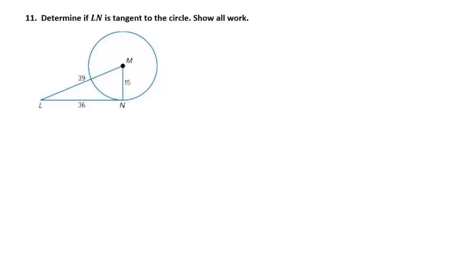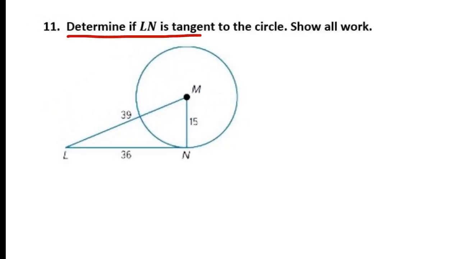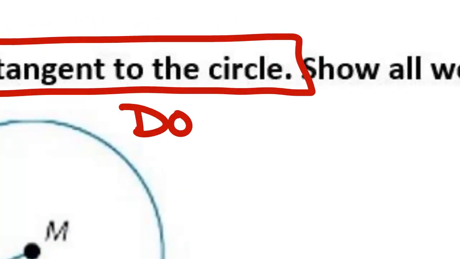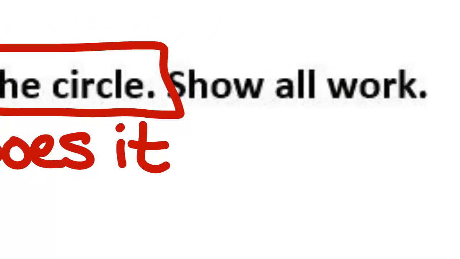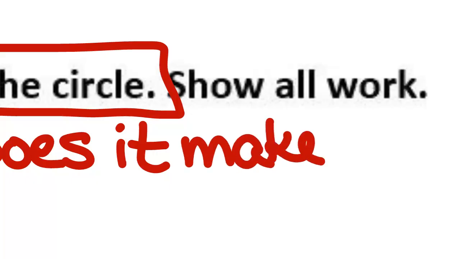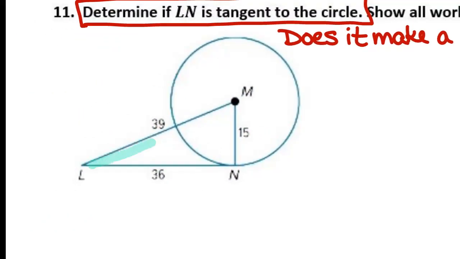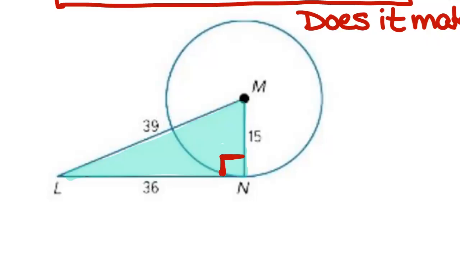Determine if LN is tangent to the circle. So what they're asking here is, does it make a right angle? What kind of a shape do we have here? We have a triangle, and we're trying to figure out whether or not this is a right angle.